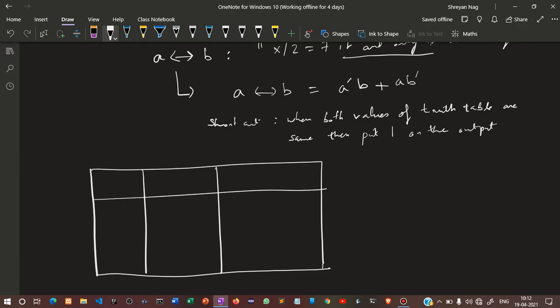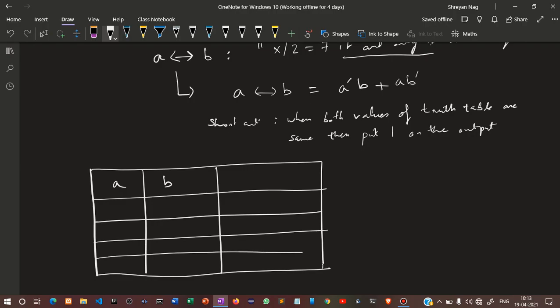So let us do this. A, B. Let us make 4 rows. Now, how many variables are there? 2 variables, so 2 squared is 4. So we have 4 combinations: 0 1 0 1, 0 0 1 1.